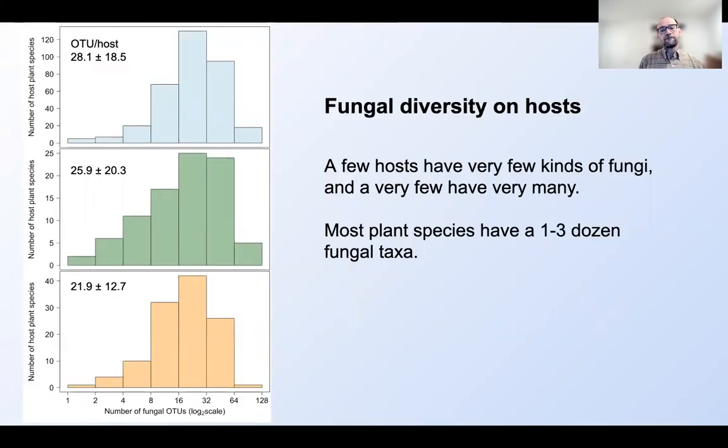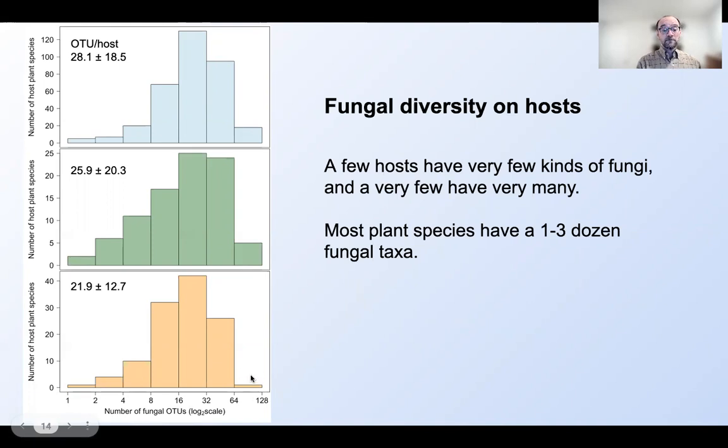We're also interested in fungal diversity within the hosts. These histograms show on the x-axis the number of fungal OTUs, number of fungal taxa, in, again, log2 scale bins, and the number of host plant species within each of those diversity bins. You can see they're all fairly similar across the different habitats, and that on the left-hand side, a very few host species are colonized by very few kinds of fungi.